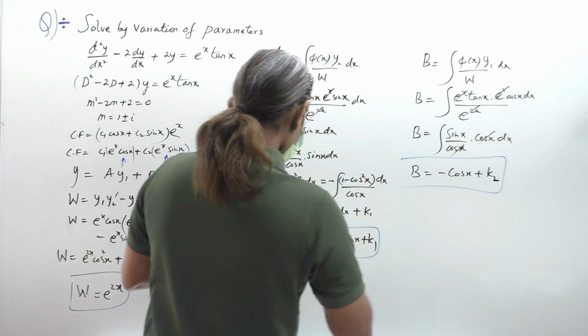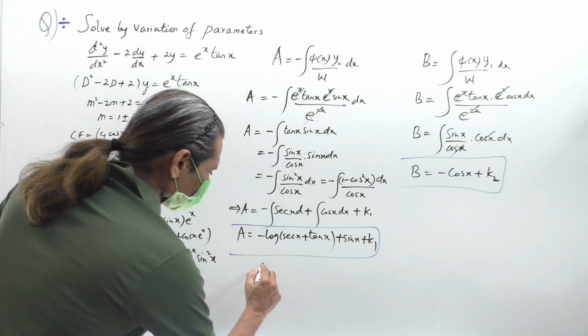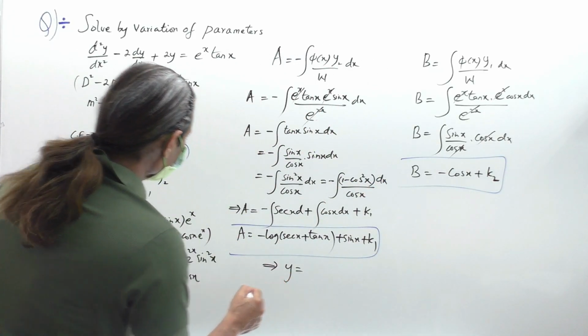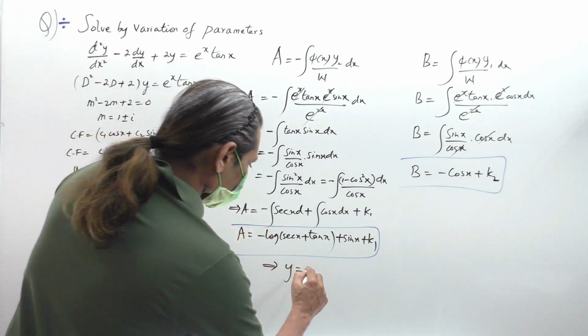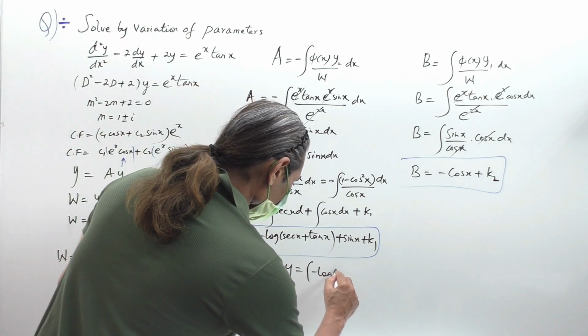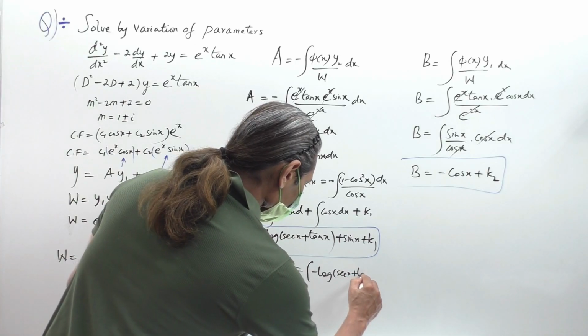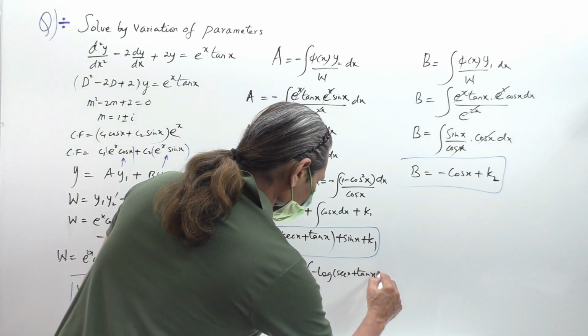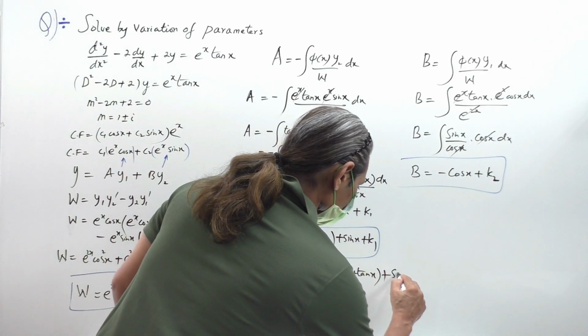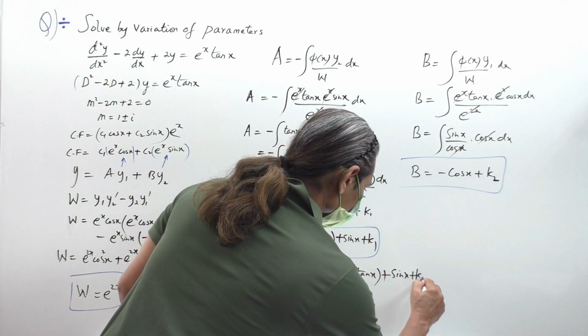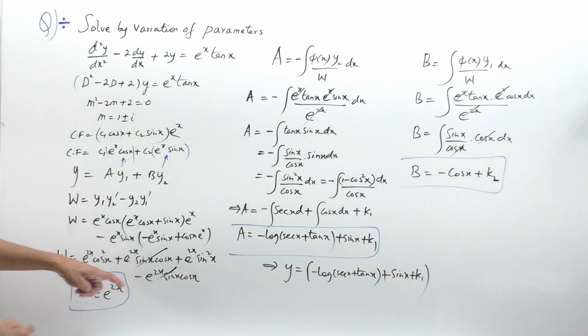Now do nothing, simply the solution is y is equal to A y1 plus B y2. So what is A? Bracket, minus log of secant x plus tan x plus sin x plus k1, into y1.